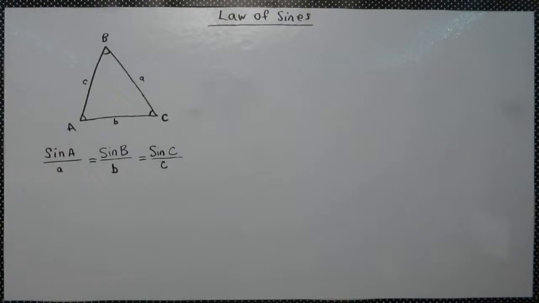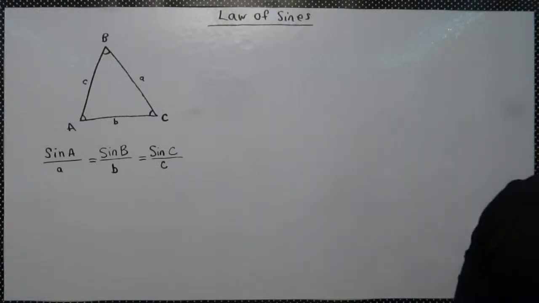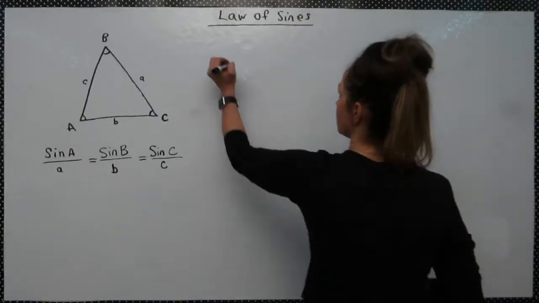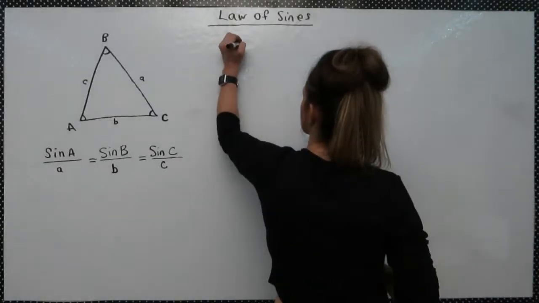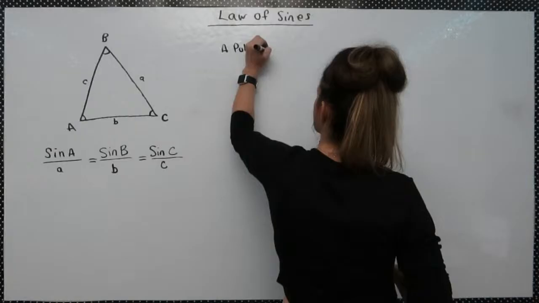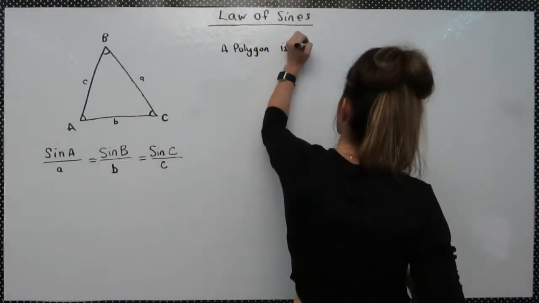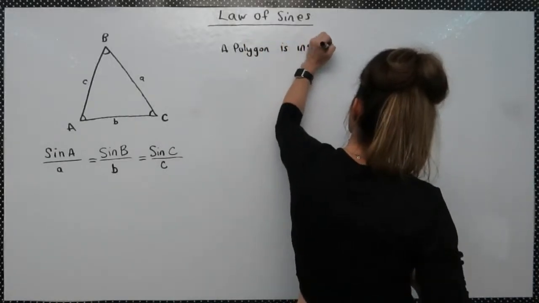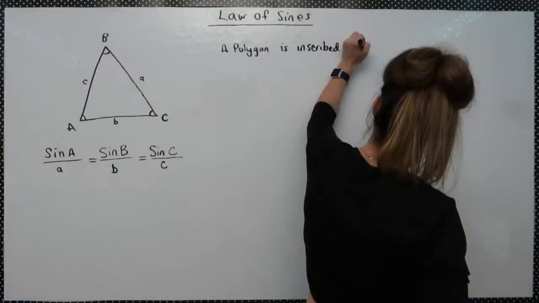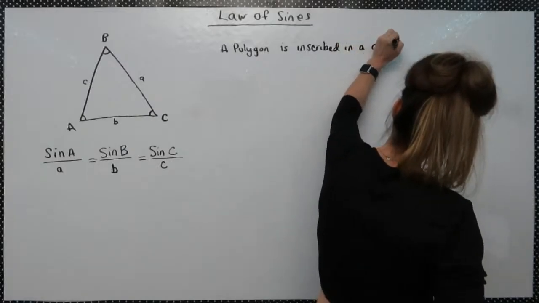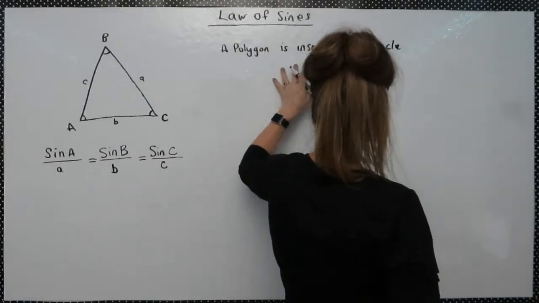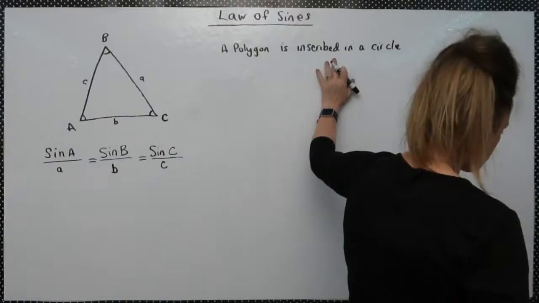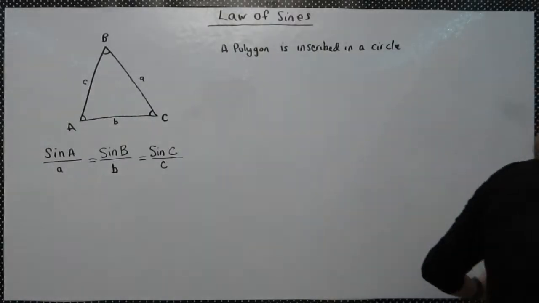So this one is relevant, and it says a polygon is inscribed in a circle. I'll go ahead and write it out. A polygon is inscribed in a circle. I think it matters whether the polygon is inscribed in a circle or the circle is inscribed in the polygon.